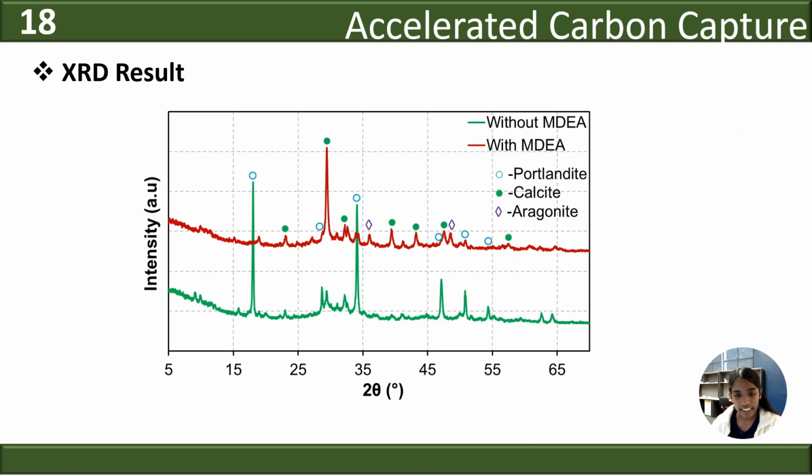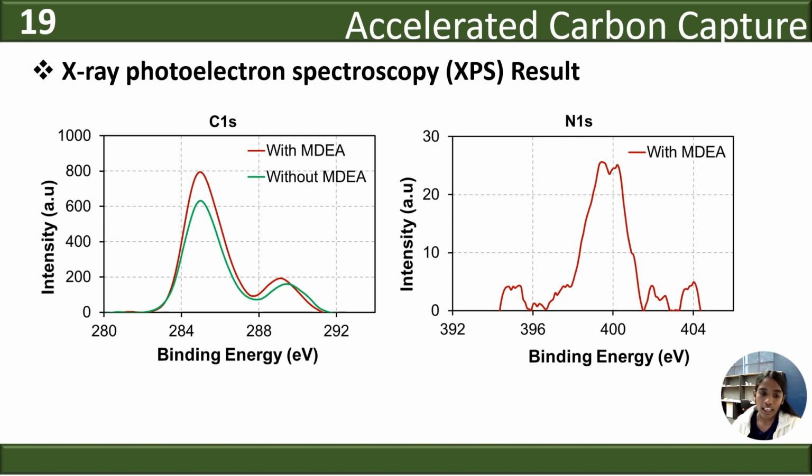As I mentioned earlier, because of the organic additives, the aragonite is forming together with calcite in the MDEA sample. And through the XPS result, we can see a higher and broader peak with the MDEA sample for the C1s peak. This corresponds to carbonate ions. Also, the MDEA sample has some C-C and C-N bonding.